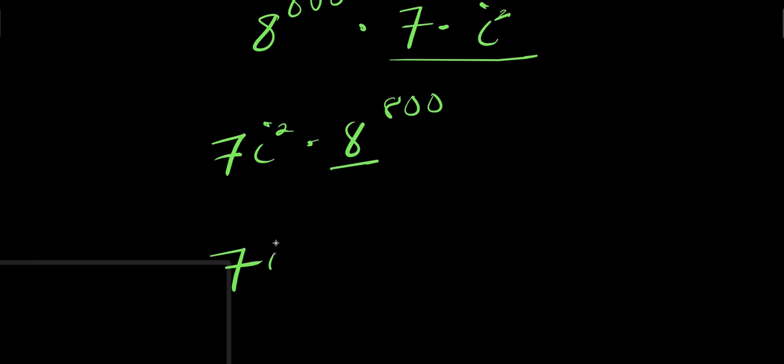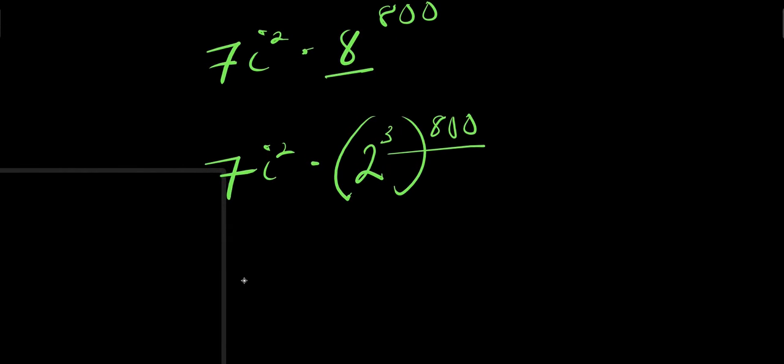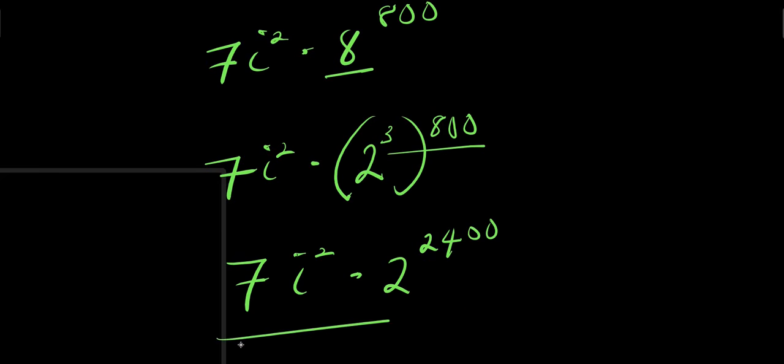We have 7 times I power 2 times 2 to the power of 3 to the power of 800. Multiply this exponent. We have 7 times I power 2 times 2 power 2400.